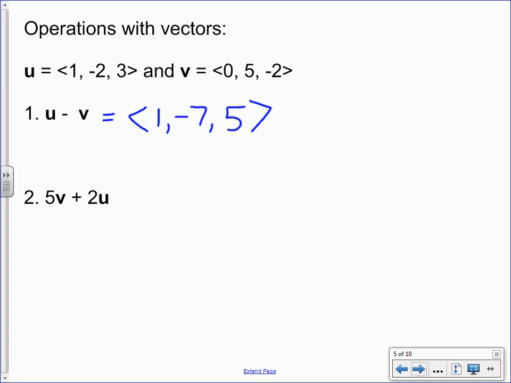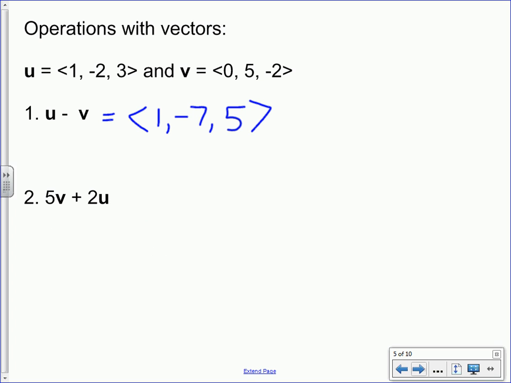Okay? Here, in the second example, I have 5v plus 2u. So 5v, what do we do? Okay, multiply v by 5. So 5v would be 5, negative 10, 15. The first one is 0. It's 5. Oh, 5v. What was I doing?